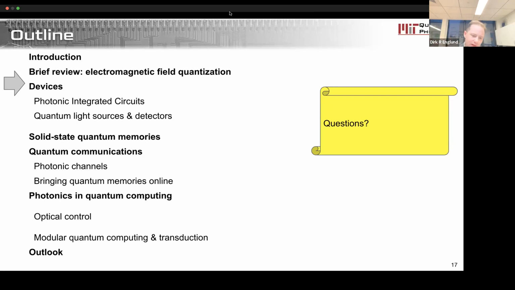Yes, those are the eigenvalues of the photon number operator. The question was, are the N sub j's the eigenvalues? So yes, they are the eigenvalues of the photon number operators a dagger a on j.